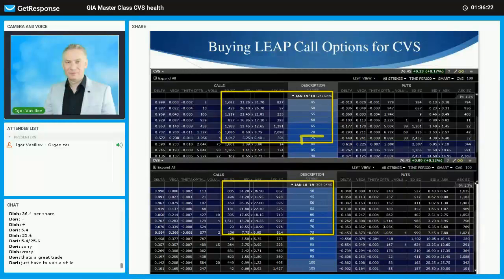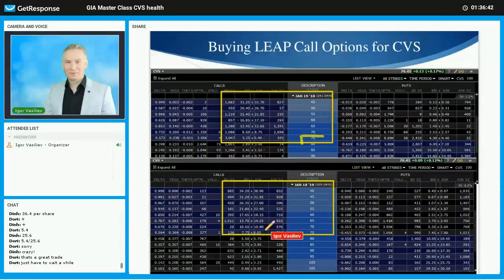So we can assume that based on our fundamental calculation, we get to this $106 level, but we might not get it this year. And if we buy this particular option, it's only going to be until next January. So 8 months. It's still quite a big chunk of time, but still it's low.